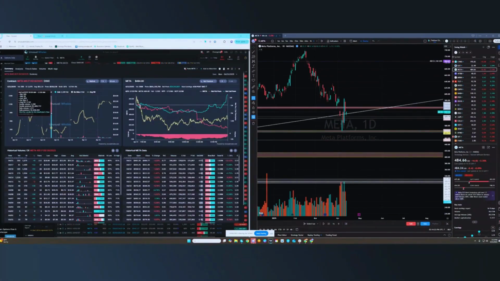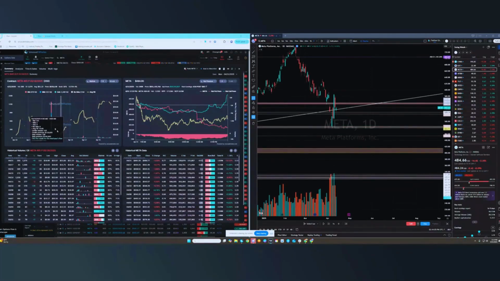So we know that to break even by May 16th, they need Meta to be at 452.50. So what we can do is actually draw a line here.